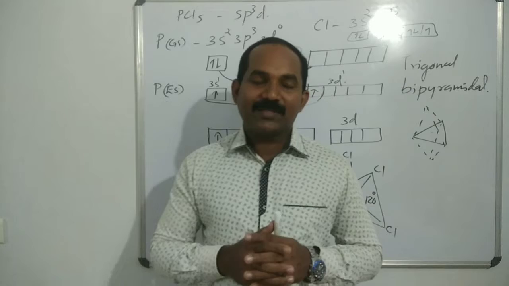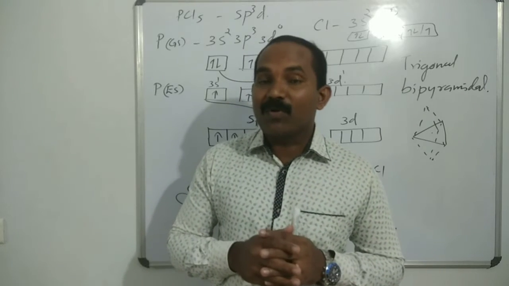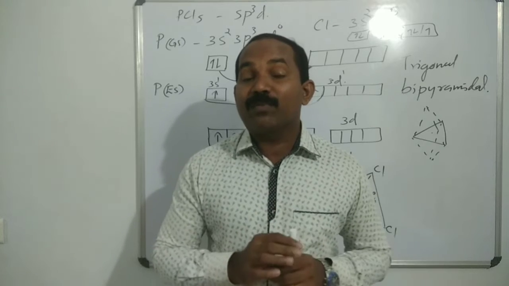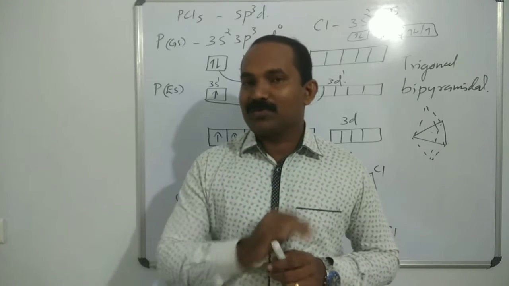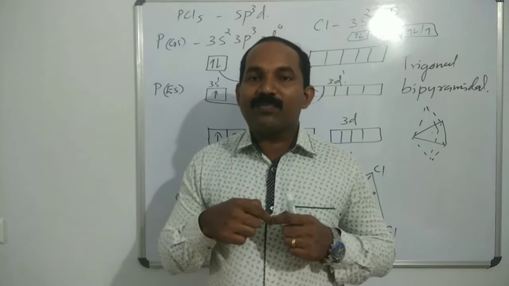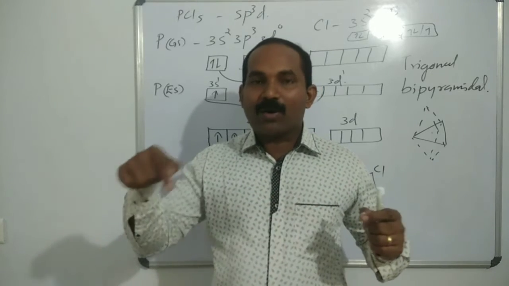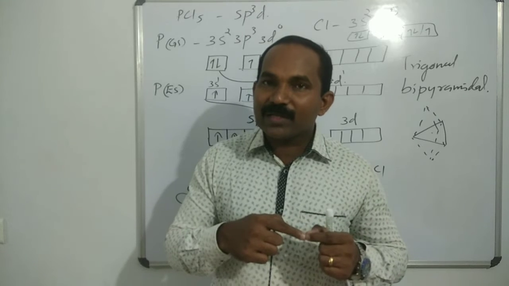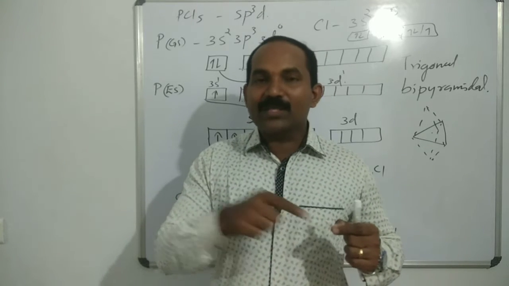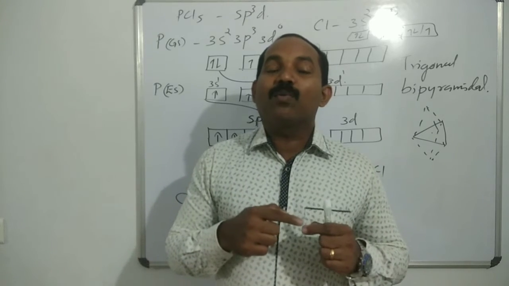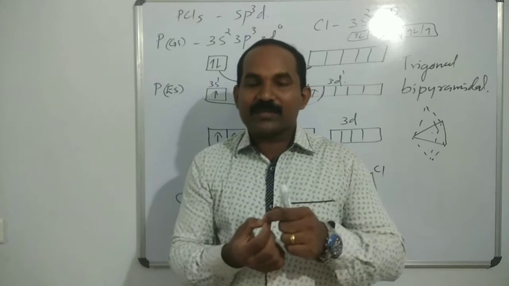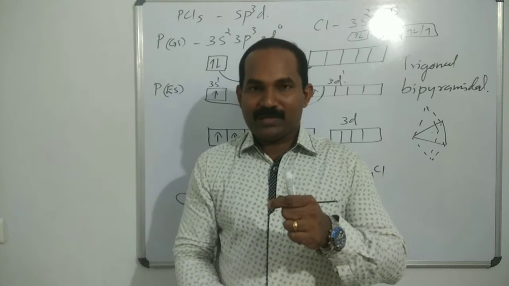The answer is that in the PCl5 molecule there are two types of bonds, equatorial bonds and axial bonds. The 3 chlorine atoms in the same plane, at the corners of an equilateral triangle, are called the equatorial chlorine atoms. These lie at 120 degree angles. One chlorine is above the plane, the other chlorine is below the plane.